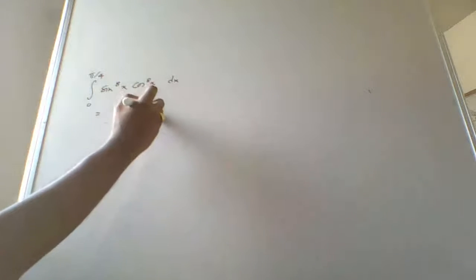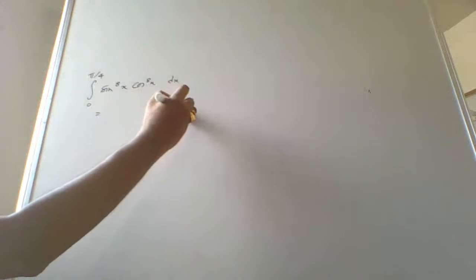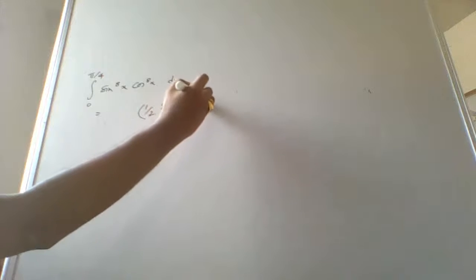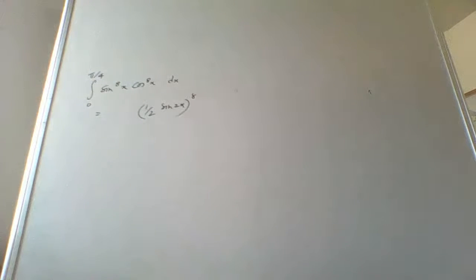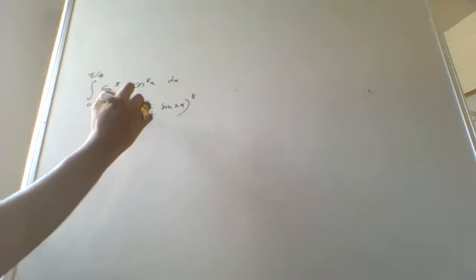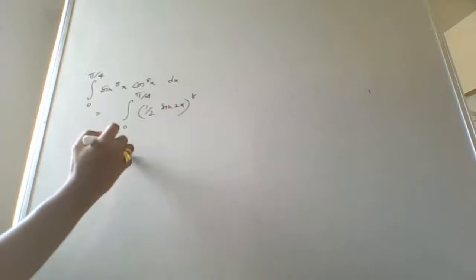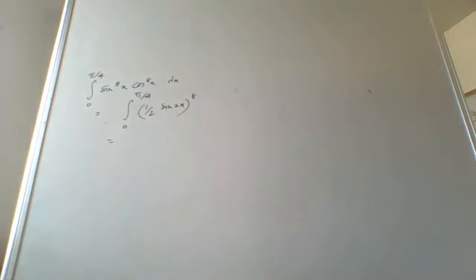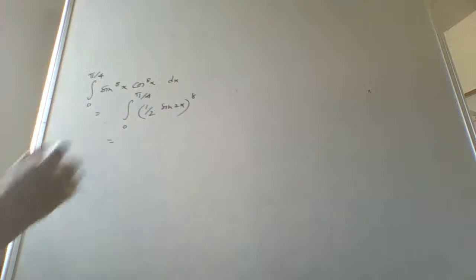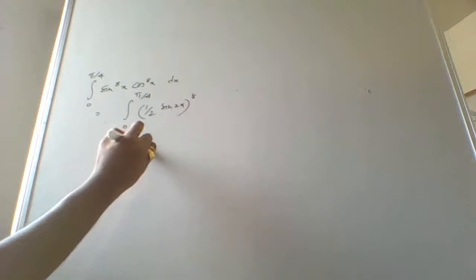We know that sine x cos x can be written as 1 by 2 times sine 2x. So that's what I'm trying to do. So 1 by 2 times sine 2x, now this to the power 8. So this will be the integral from 0 to pi by 4, and this is power 8, so 2 power 8.